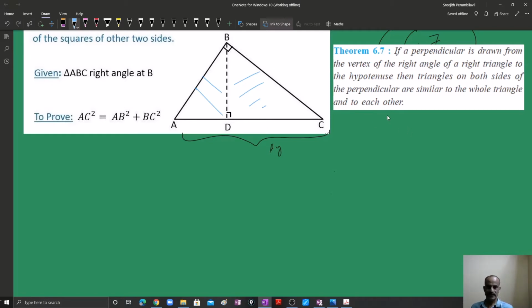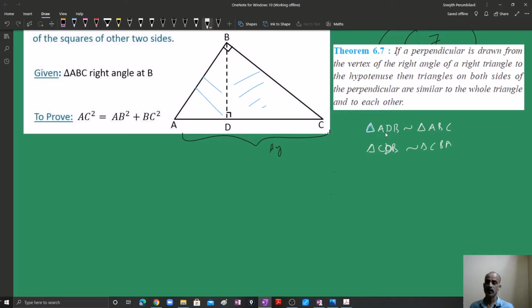That means in such a situation, the small triangle ADB, one right angle triangle, is similar to triangle ABC. Similarly, triangle CDB is similar to triangle CBA.